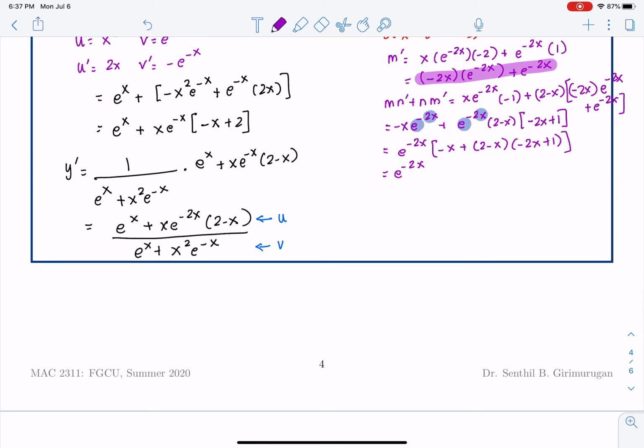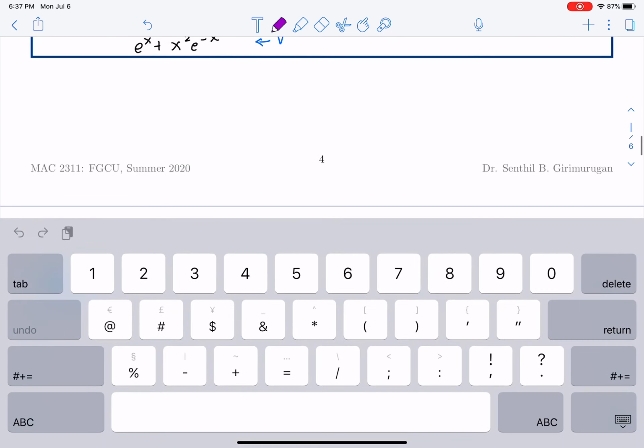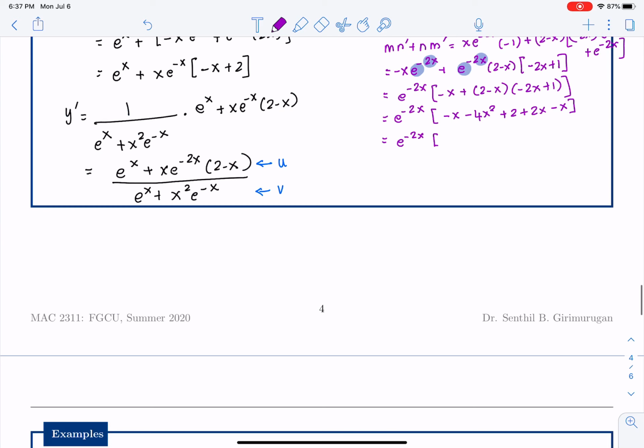If I FOIL and simplify, I would get minus x minus 4x squared plus 2 plus 2x minus x. So negative x, negative 4x squared plus 2 plus x.